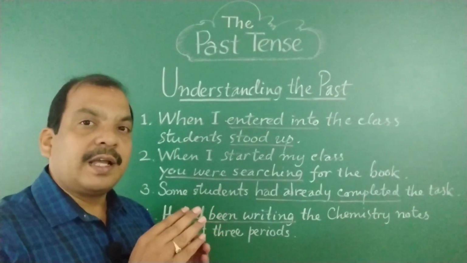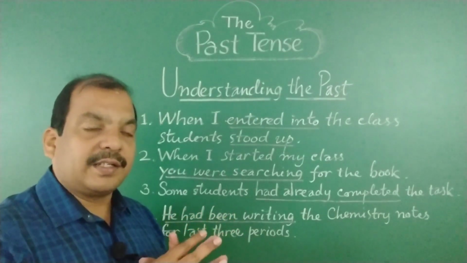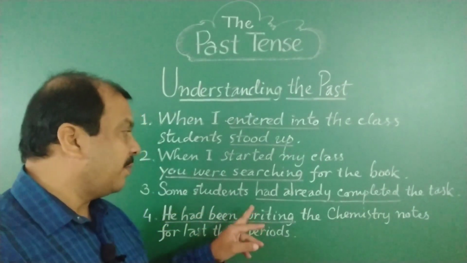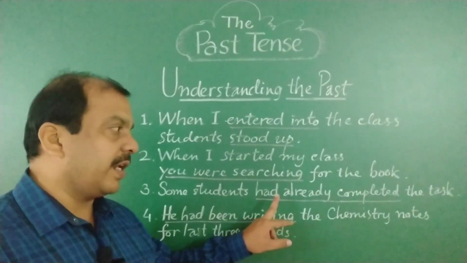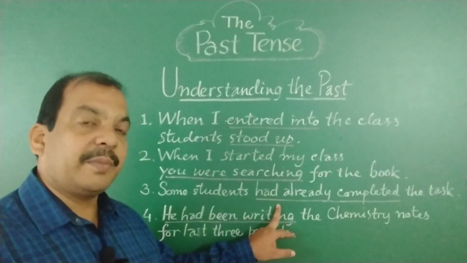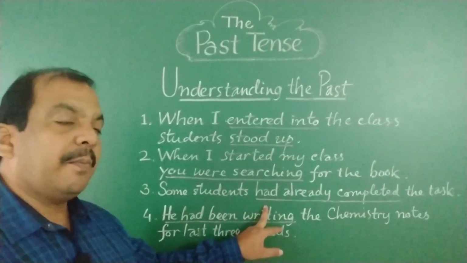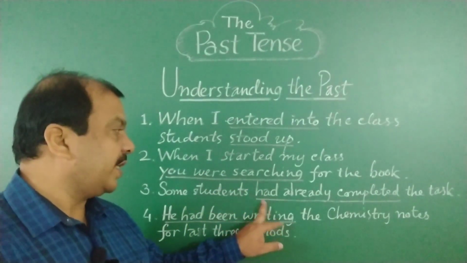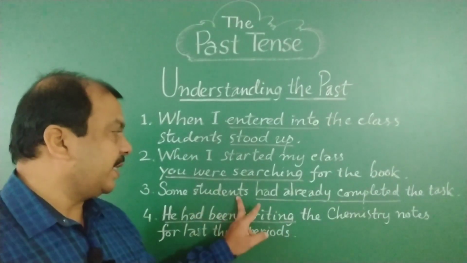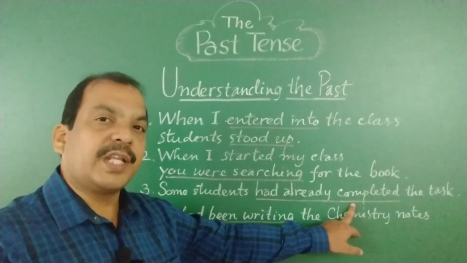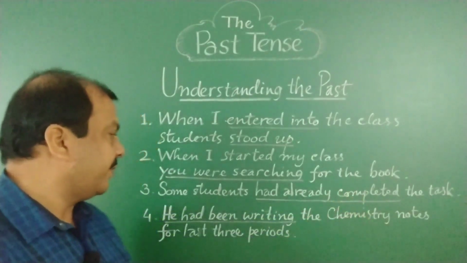Some students had already completed the task. So for a task or an action that has already been completed at a particular time in the past, we use the past perfect: subject, some students, plus had plus V3, the third form of the verb.